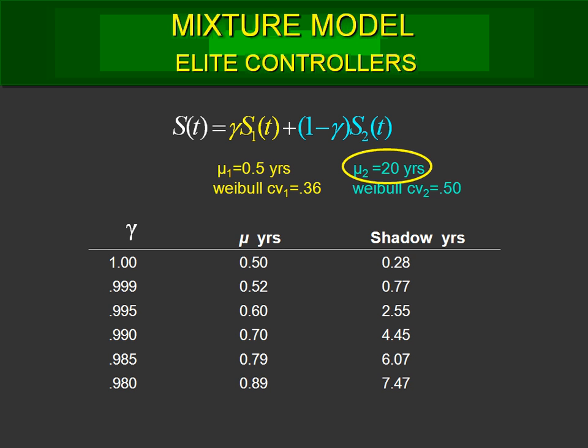And with just 0.5%, even though the mean window period is half a year for 99.5% of people, even if just 0.5% are in the blue group, the shadow is about 2.5 years. So even this small contamination has a big effect on what you're estimating with the biomarker approach.